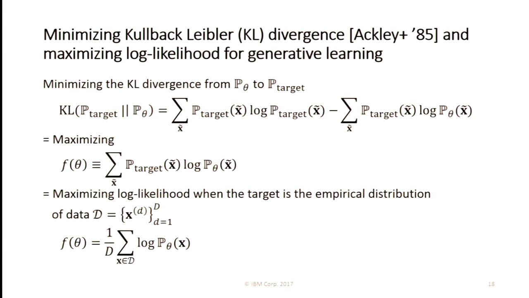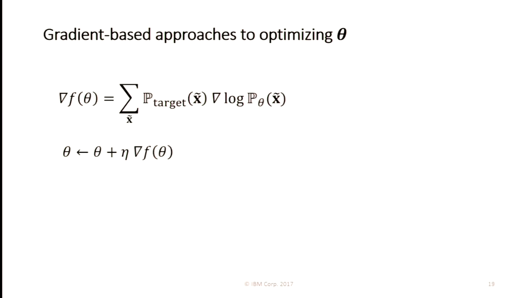We use both words interchangeably. Once we define an objective function, a learning rule can be derived by just looking at the gradient of this objective function. The gradient of this objective function is given by this one.